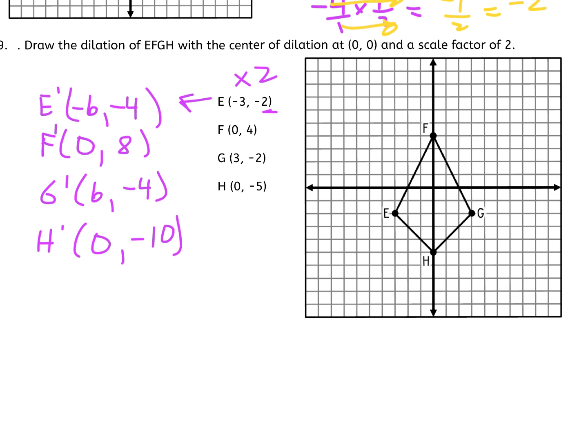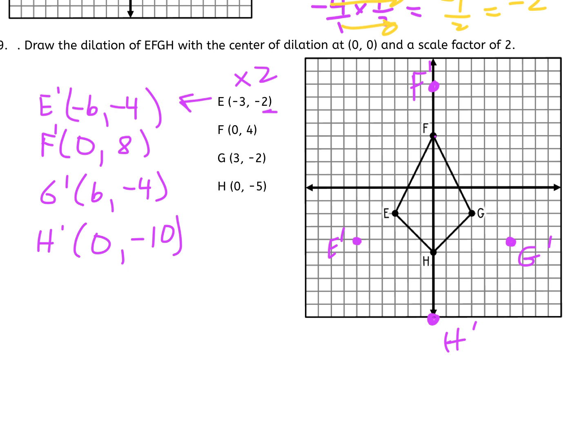So to begin with E prime, you go back 6, and then down 4, and then we'll mark that E prime. Okay, F prime is 0, 8, 5, 6, 7, 8, so right up here, F prime, and then G prime is forward 6, down 4, and we mark that G prime, and the final point, H prime, 0, negative 10, would be here, mark that H prime.